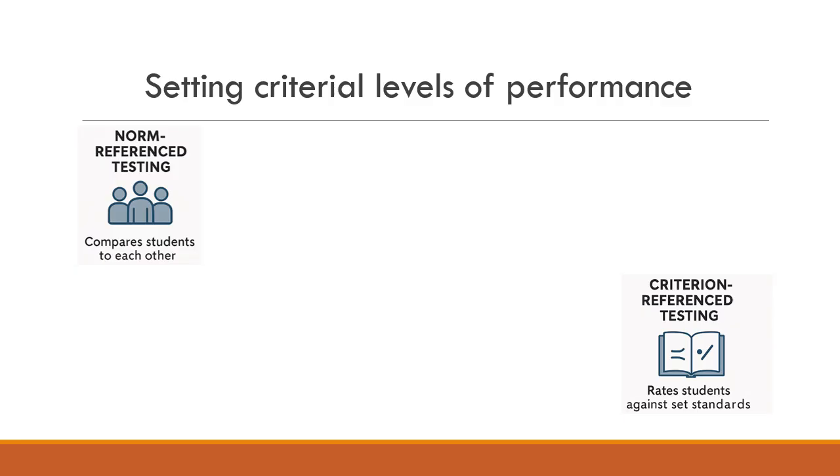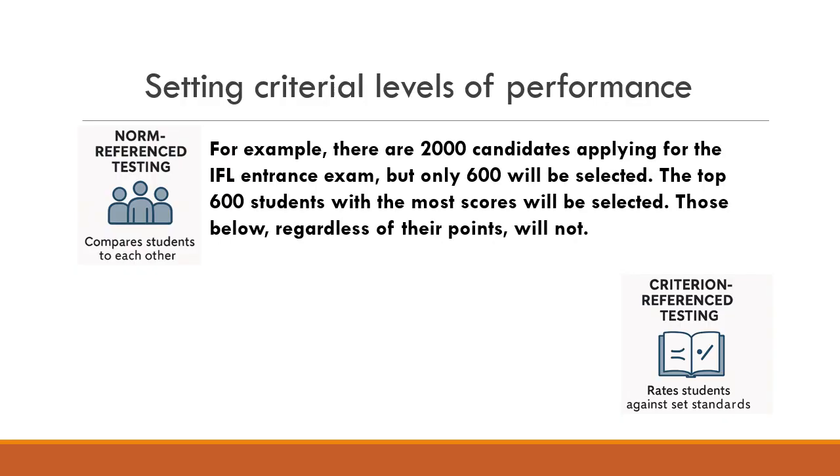So to make this a lot simpler for you, let us take a look at an example. Let us take our entrance exam, the IFL entrance exam, for example. Let's just say that the school normally selects 600 students per year, and there are 2,000 candidates. Now this means that the top 600 candidates with the highest scores will be selected, and the candidates from 601 and lower will not be selected.